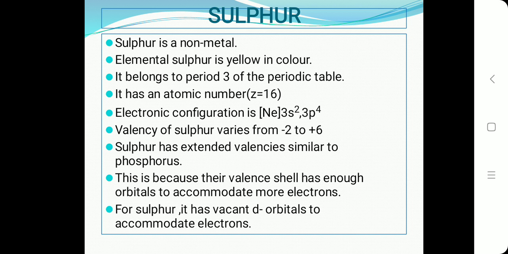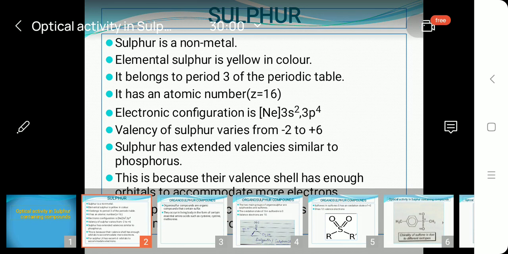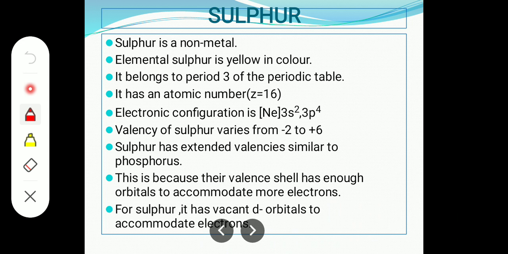And the reason behind extended valency is, when we look at the valence electrons of sulfur and the orbitals, it is 3s2 and 3p4, and the next higher orbital is going to be 3d. So when we talk about the d orbital, we know that d orbitals can accommodate a maximum of 10 electrons.